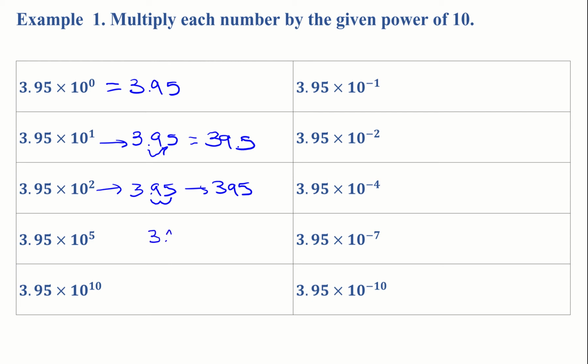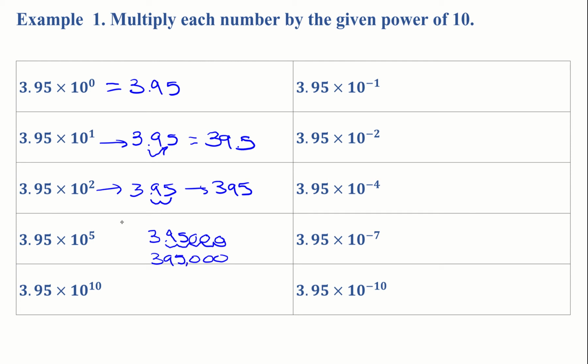All right, so if you multiply 3.95 by 10 to the 5, you're just going to put 3.95 and move the decimal 1, 2, 3, 4, 5. Now, when you run out of digits, you replace them with zeros. So the final outcome is 395,000.